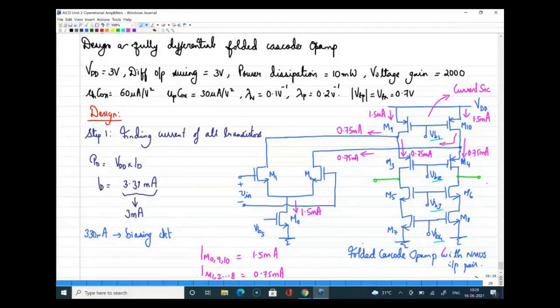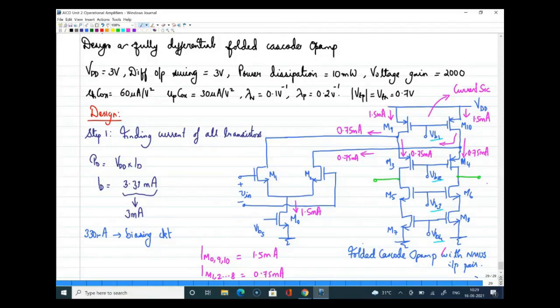All right, Bhavya, you have a question: how is 1.5 divided equally since both ends don't share the same resistance? Bhavya, what I'm dividing here is a DC current. The resistance you are mentioning is the AC resistance.